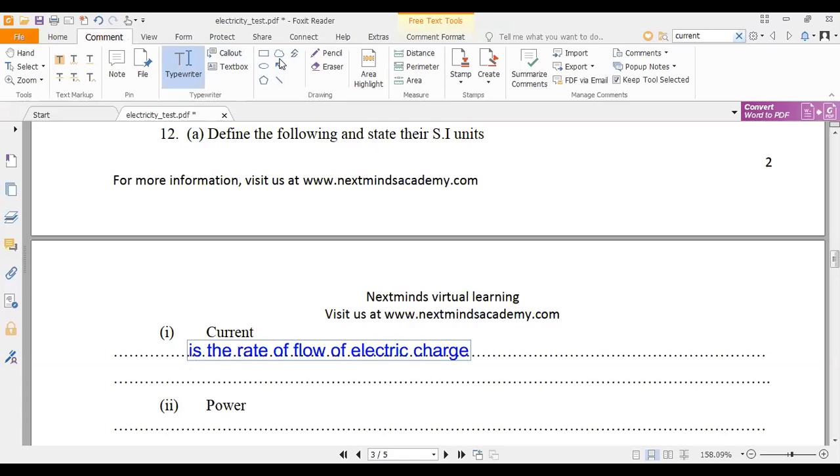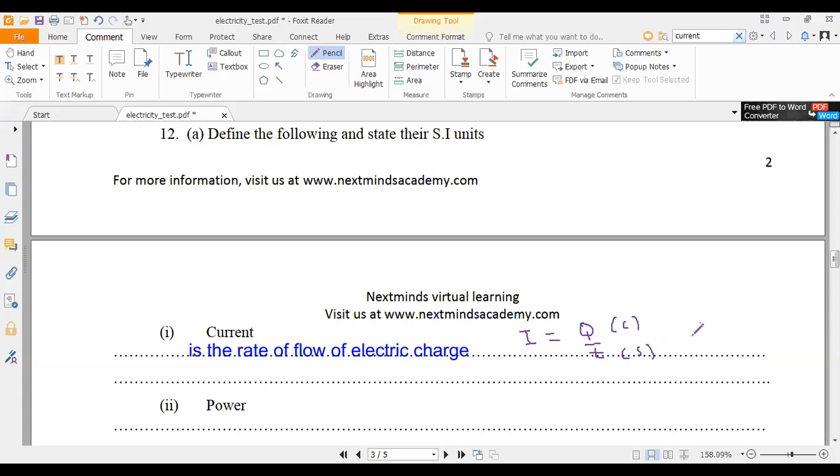Mathematically, current can be given as charge divided by time. The word rate in the definition involves time, and charge is already there. Charge is measured in coulombs and time is measured in seconds.